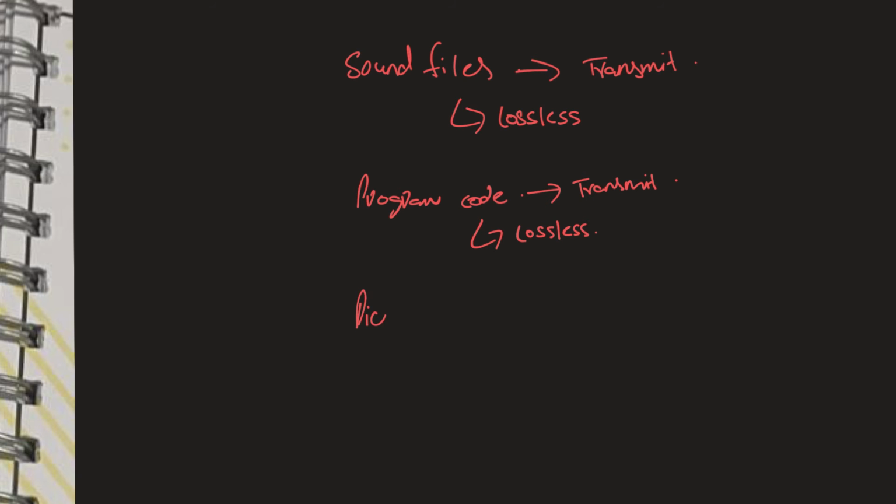If you have pictures or videos, you can use lossy for this, because when you post them on social media, even social media uses some kind of algorithm to reduce the file size and quality.